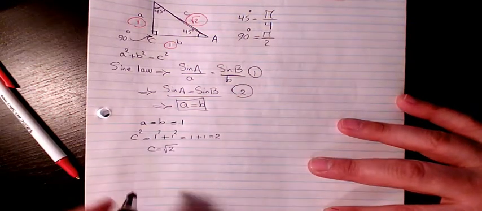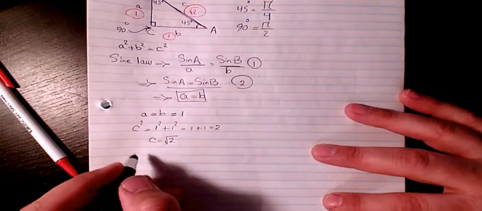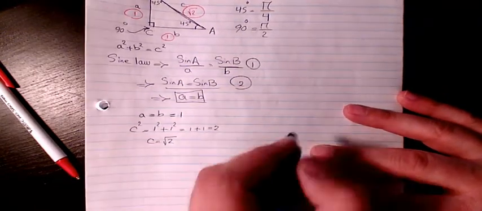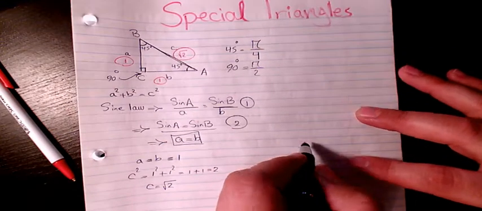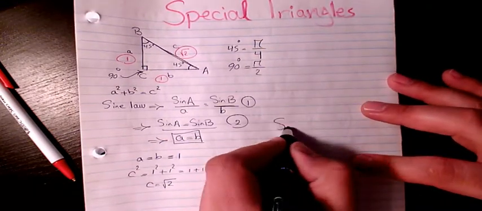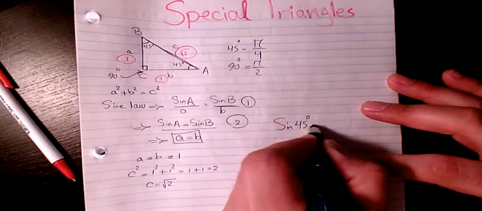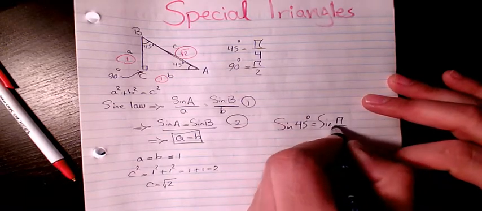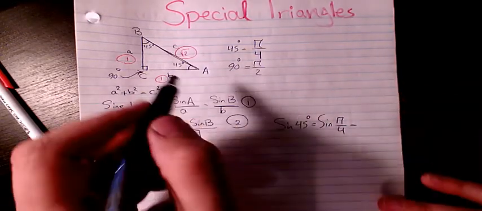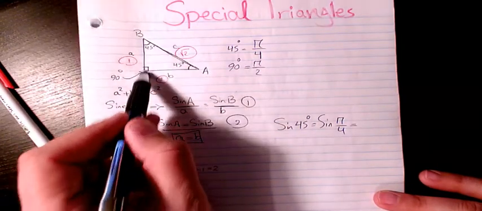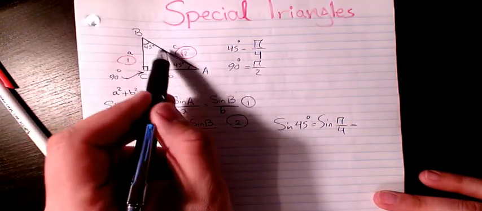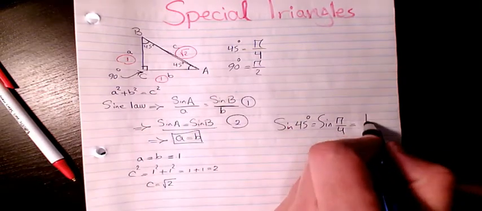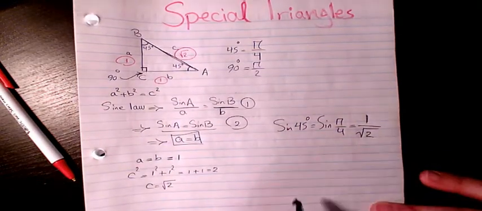Now let's find sine of 45 degrees, sine of pi over 4, which equals opposite divided by hypotenuse, 1 over root 2.